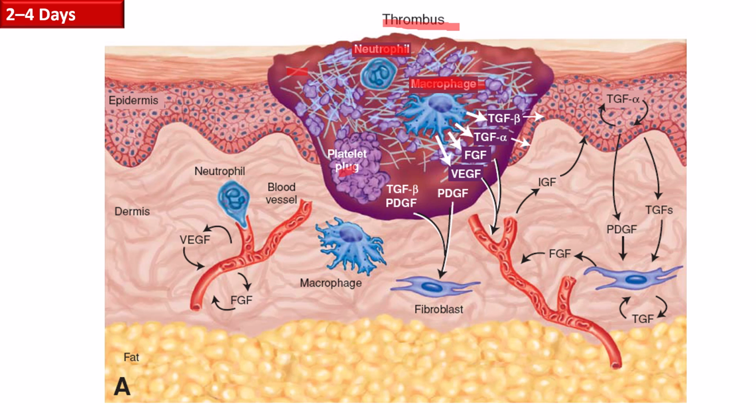They secrete important growth factors such as transforming growth factor alpha, transforming growth factor beta, fibroblast growth factor, vascular endothelial growth factor, and also the platelet derived growth factor is released in this environment.